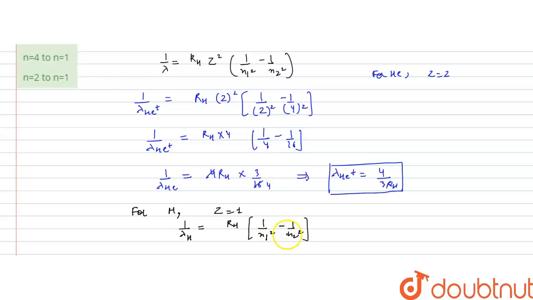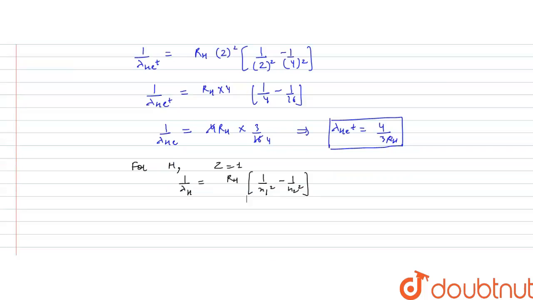So we have to find out n1 and n2, that is, from which energy level to which energy level the transition has taken place. So 1 by lambda H will be equal to RH into (n2 square minus n1 square) upon n1 square n2 square.